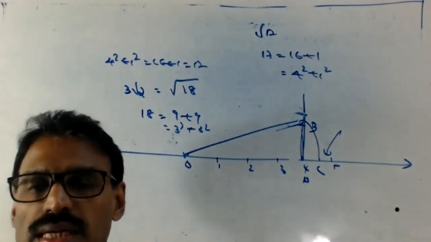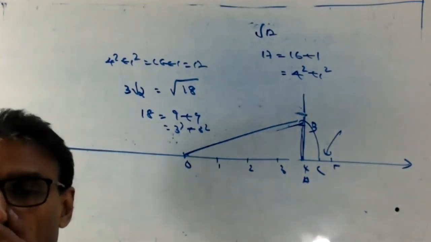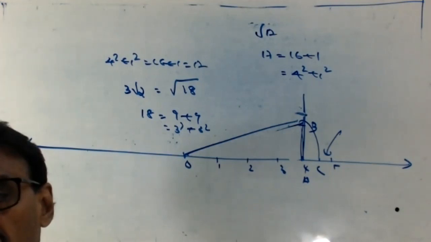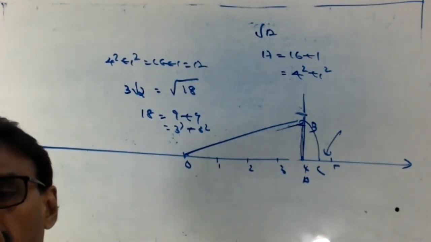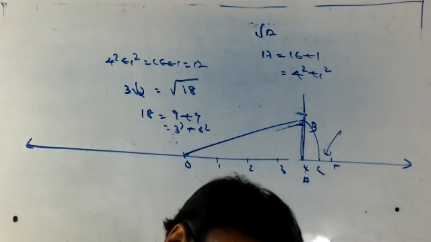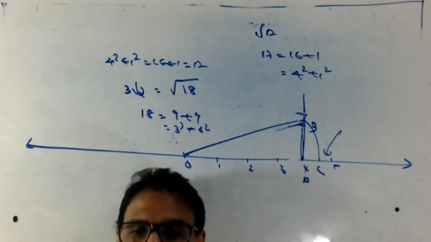I told you to do this question, then I'll explain your question. You find root of 18, 3 root 2.